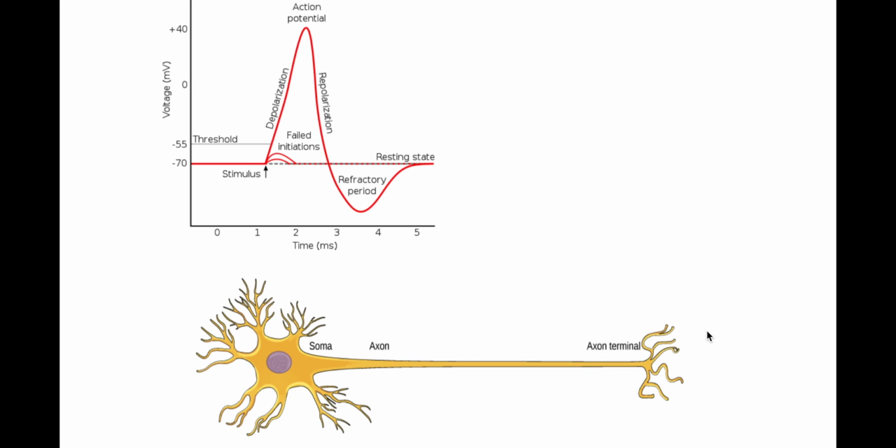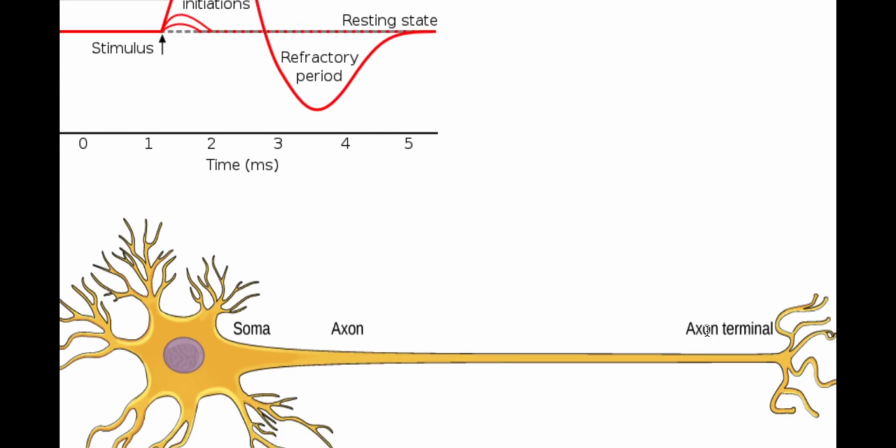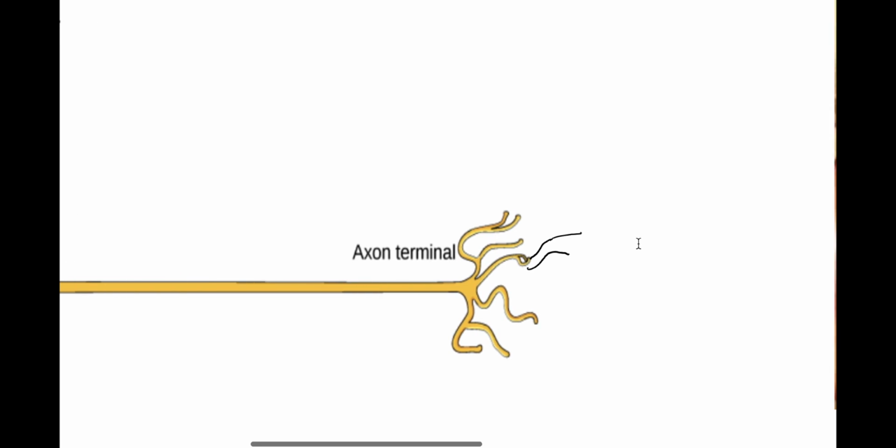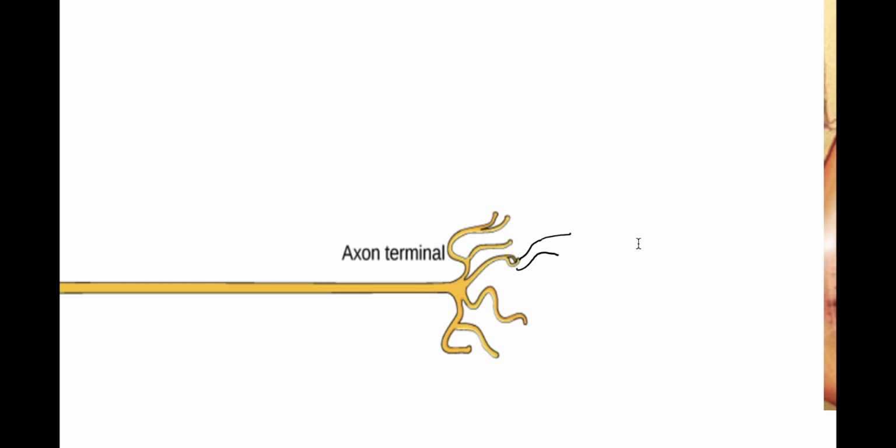So it is more or less an extension of the first neuron. You would see something like this: if I were to zoom this in, you would see something like a dendrite of the other neuron connecting with the axon of this neuron.